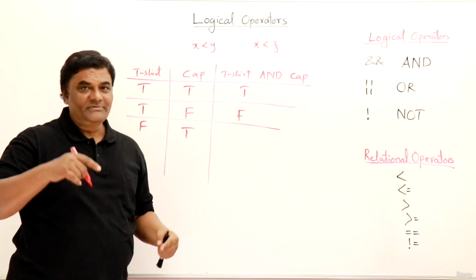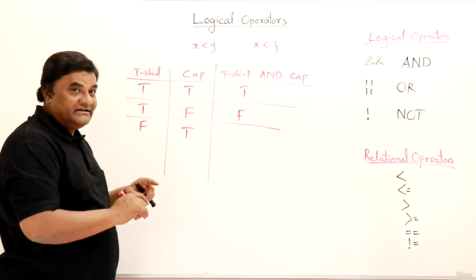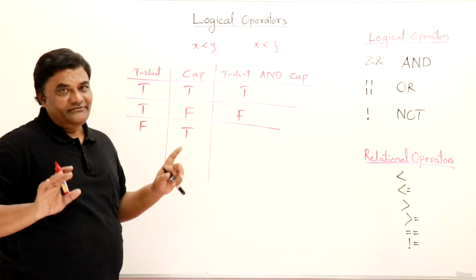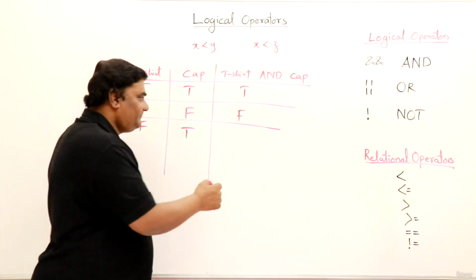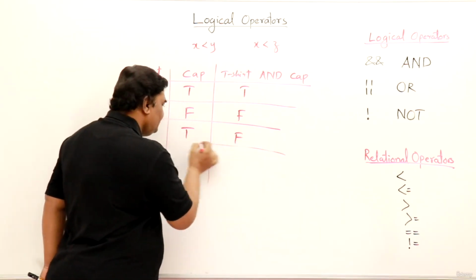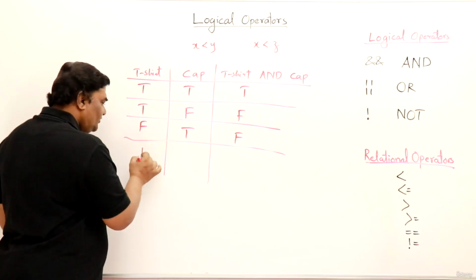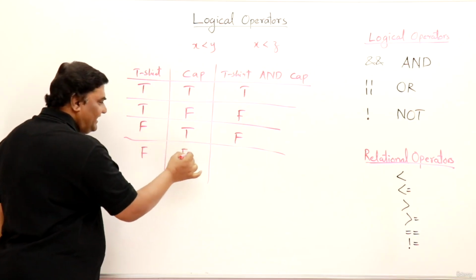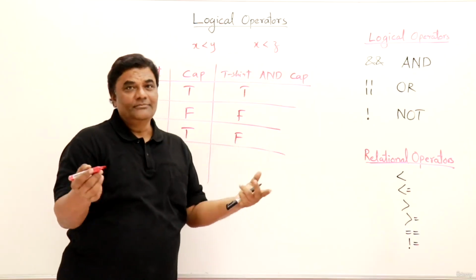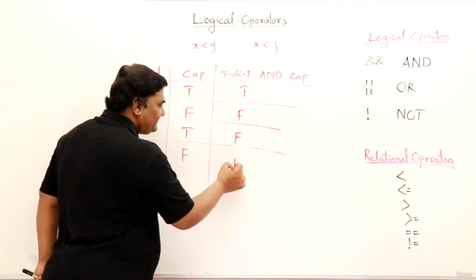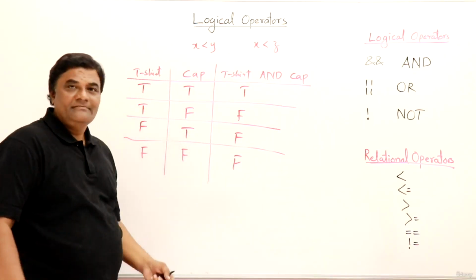The cap one is true, but the t-shirt one is false. In that way, the complete sentence is false. Though one of them is true, the other one is false, so the complete statement is false. Then the last one. I am not wearing t-shirt, and I am not wearing cap either, but I am saying that I am wearing t-shirt and I am wearing cap. Both are false. So then also my statement is false.